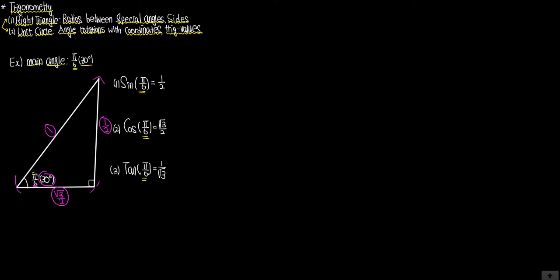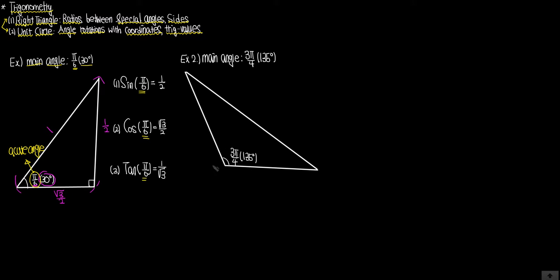However, this only works when our main angle is an acute angle. The pi over 6 is an acute angle, that is, an angle less than 90 degrees. What about the next example where the main angle is an obtuse angle, greater than 90 degrees, such as 135 degrees?